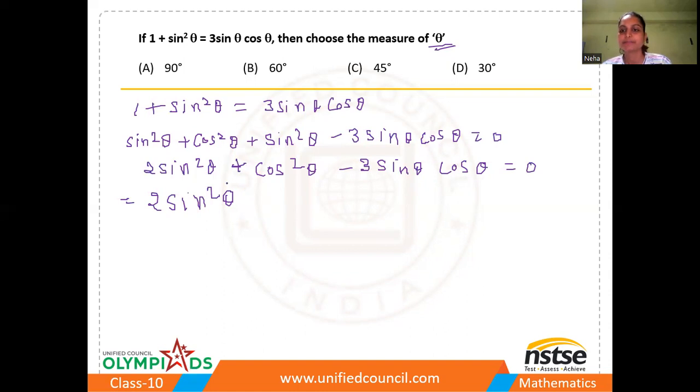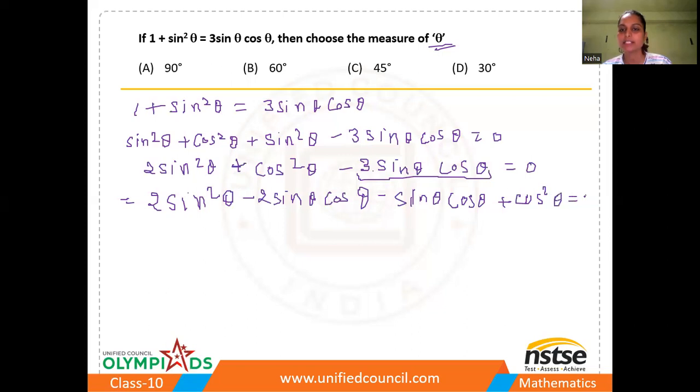Now here, my dear students, can I write minus 3 sin theta cos theta as minus 2 sin theta cos theta minus sin theta cos theta? I can do that, right? So this I can write as minus 2 sin theta cos theta minus sin theta cos theta, and plus cos square theta as it is.